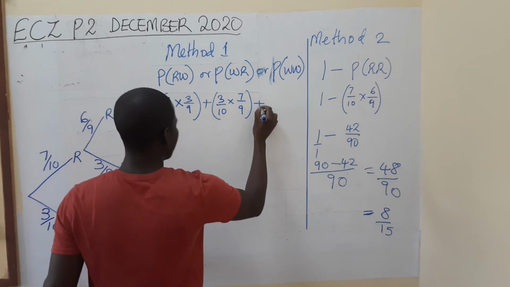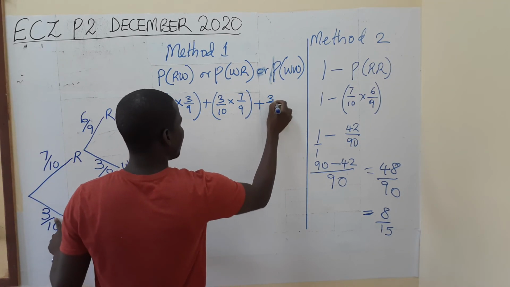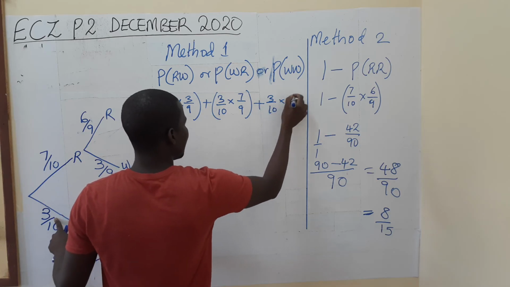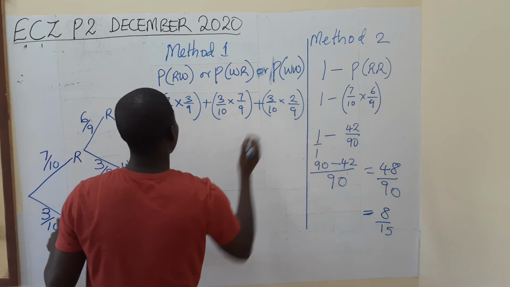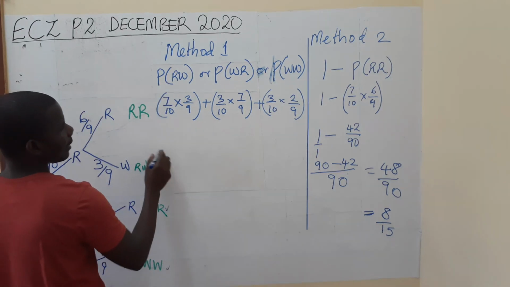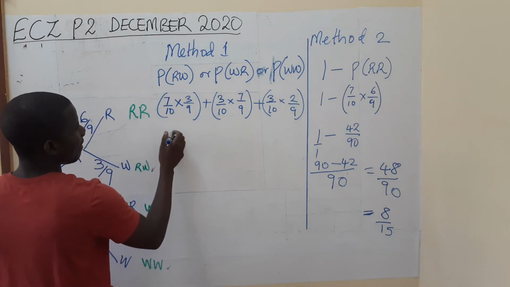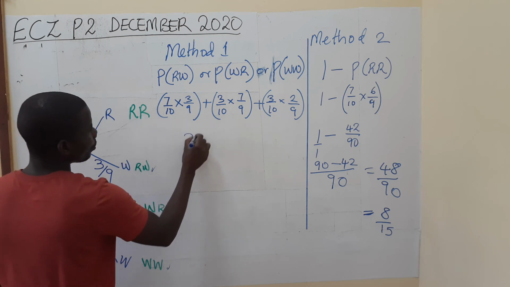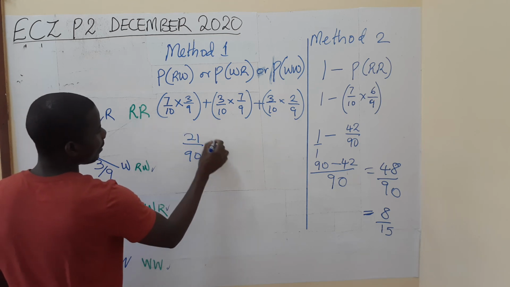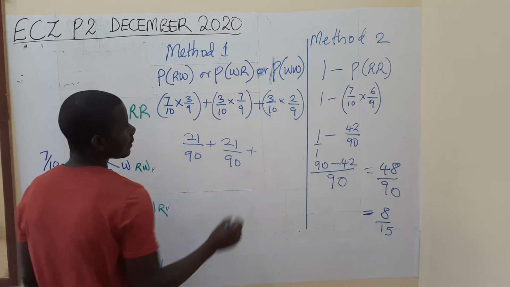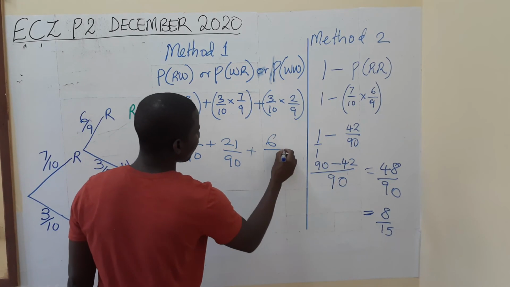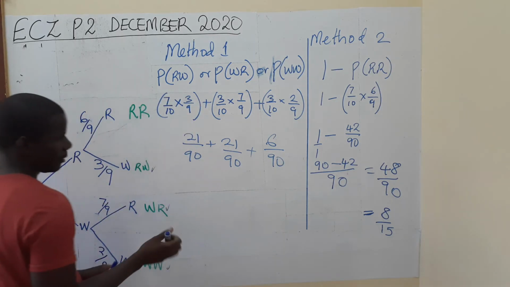Then the last one is going to be 3 over 10 multiplied by 2 over 9. So what do we get here? Here we are getting 21 over 90 plus 21 over 90 plus 6 over 90.